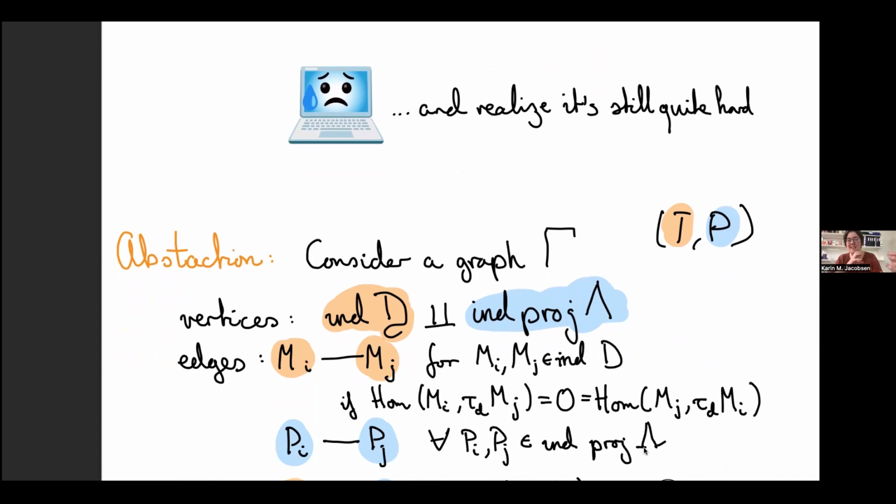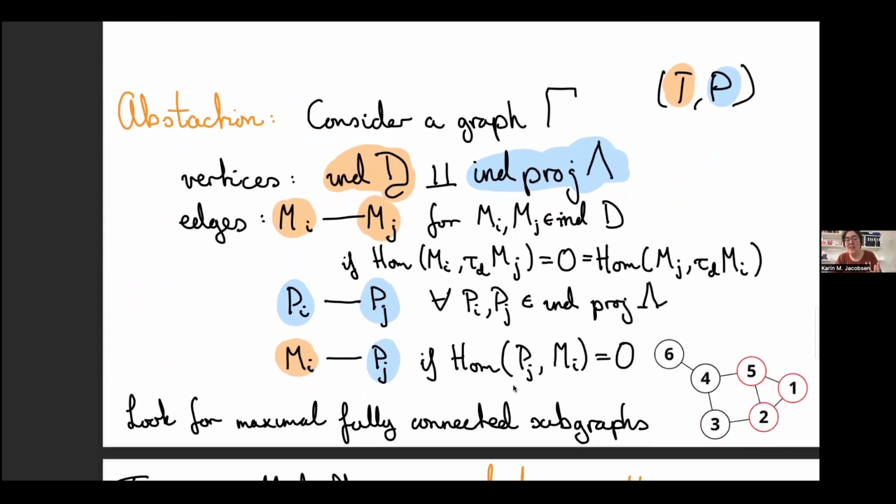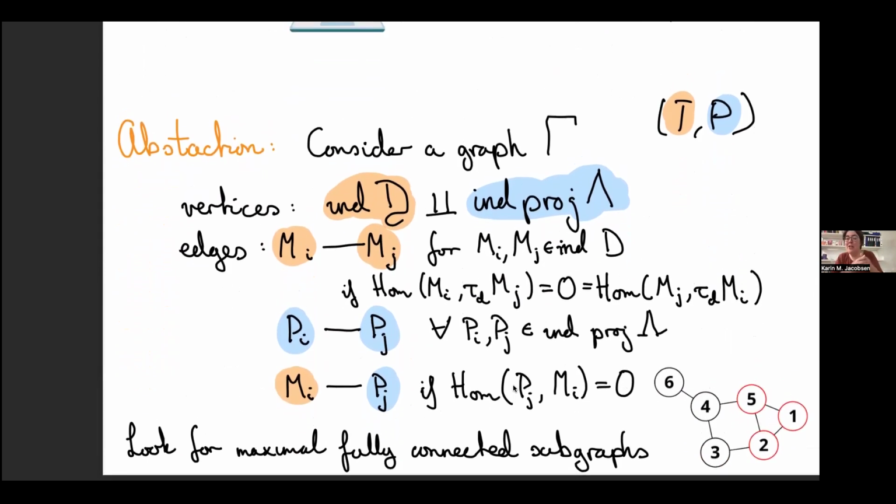So this is an unoriented graph, or undirected graph. But I add edges wherever two vertices are compatible, so they could be in a tau d rigid pair together. And then I look for a maximal fully connected subgraph.